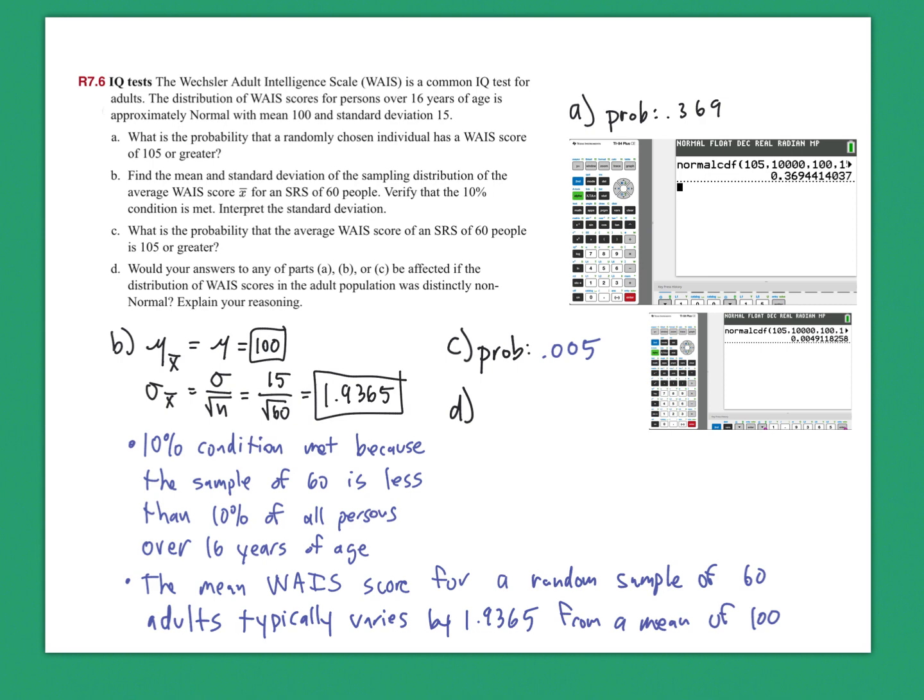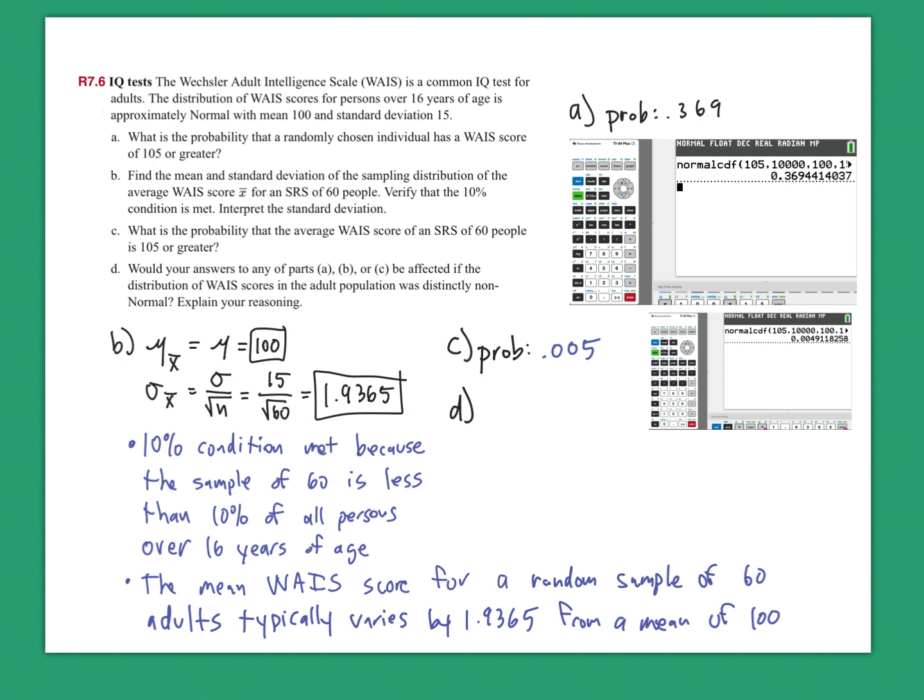For part B, what was it? Part B was just finding the mean and standard deviation of the sampling distribution, and the mean is the same as the mean of the population, as long as the 10% condition is met, which it was.